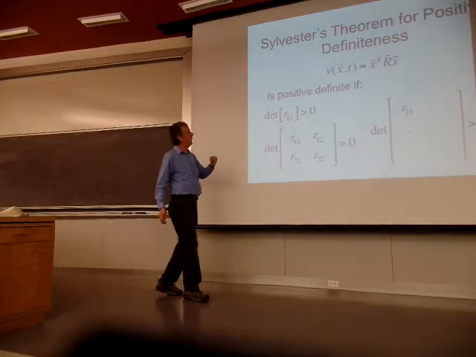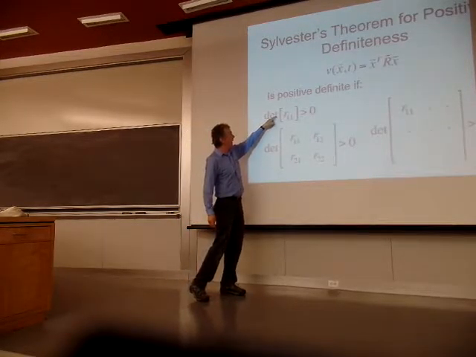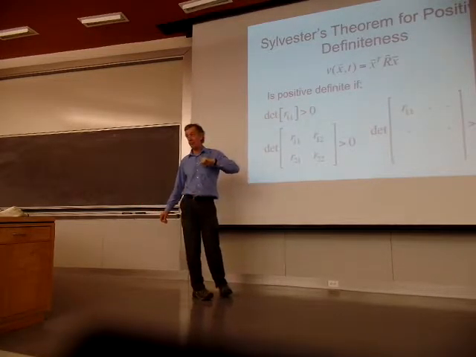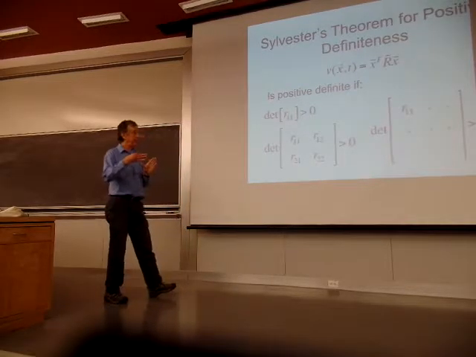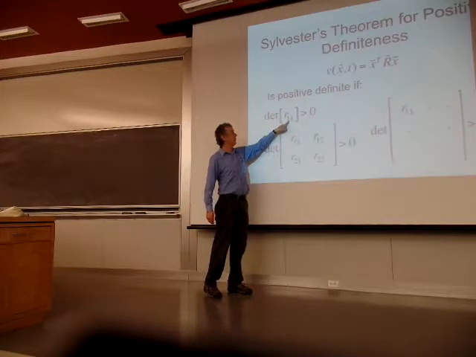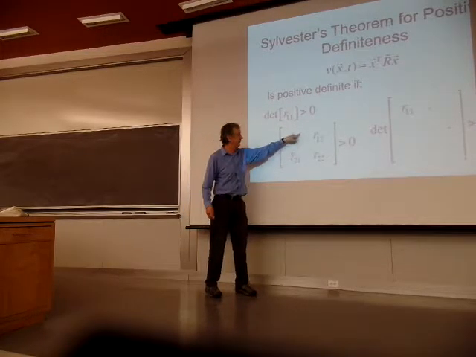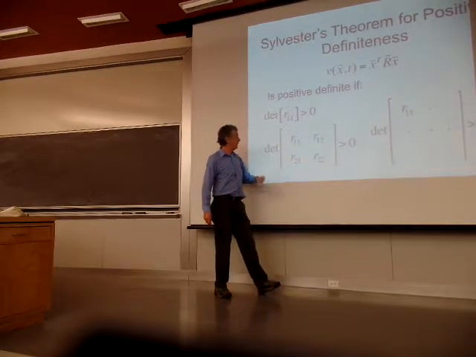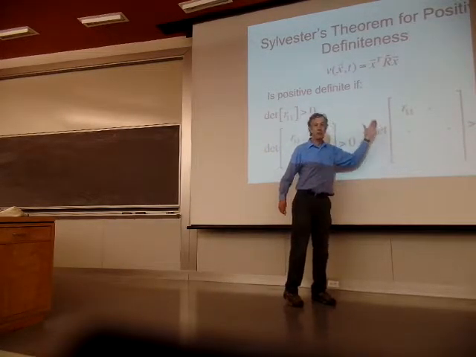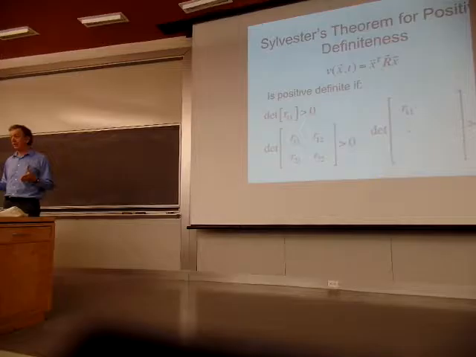So I want this thing to be positive definite, and what you do is you look at all the various submatrices of R. The first submatrix, which is just coefficient R11, must be greater than 0. The determinant of the next one must be greater than 0, the next submatrix, next one, next one, until the whole thing is checked. That's Sylvester's method for checking for positive definiteness.